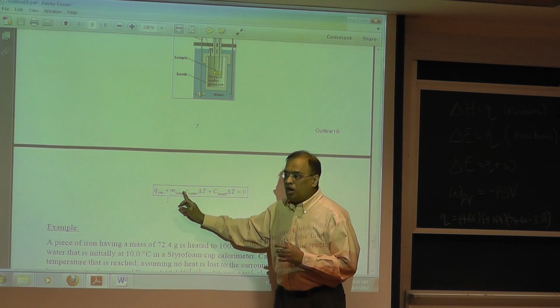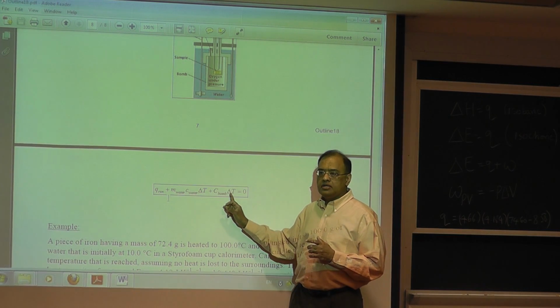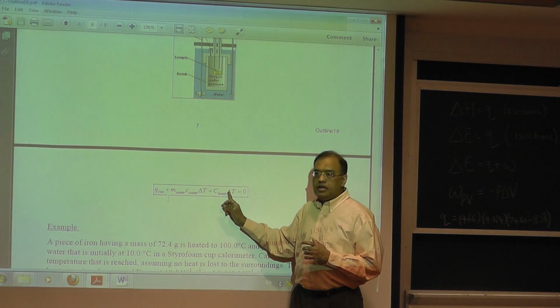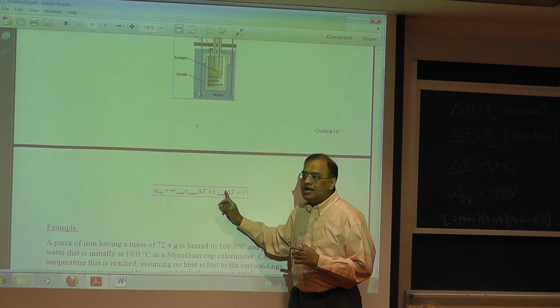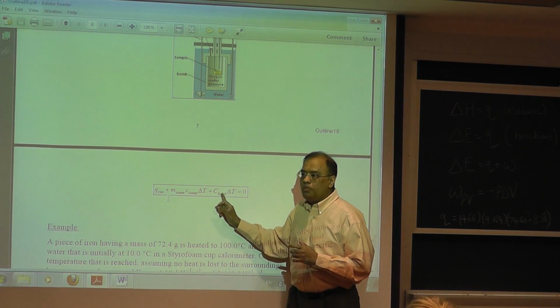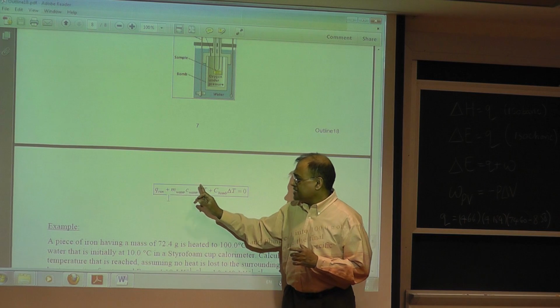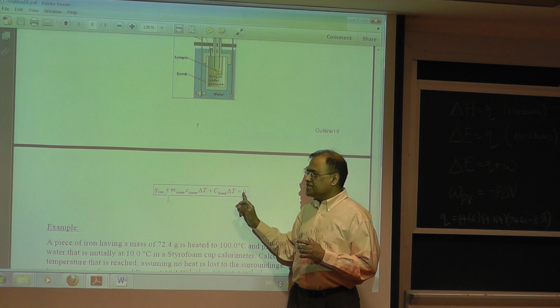This is the heat absorbed by the water, plus, what is this? This is the heat, Lauren? The heat absorbed by the bomb calorimeter. The heat of the reaction plus the heat absorbed by the water plus the heat absorbed by the calorimeter is equal to 0.